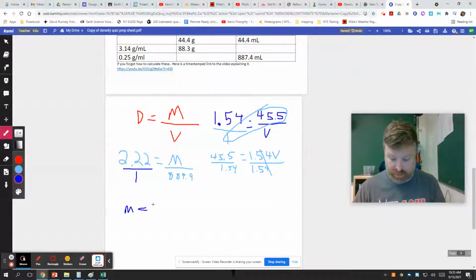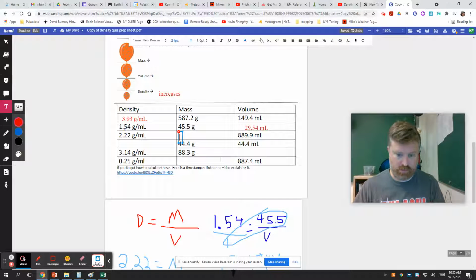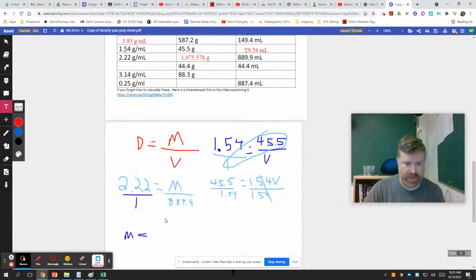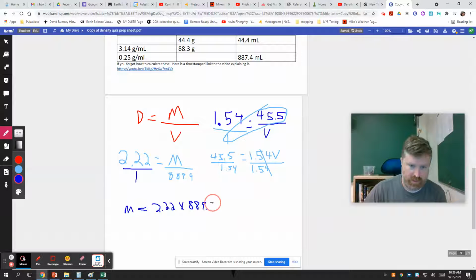So grab a calculator and type them in there, and you're going to get 1,975.578. If you round, that's fine too. That is by doing 2.22 times 889.9.